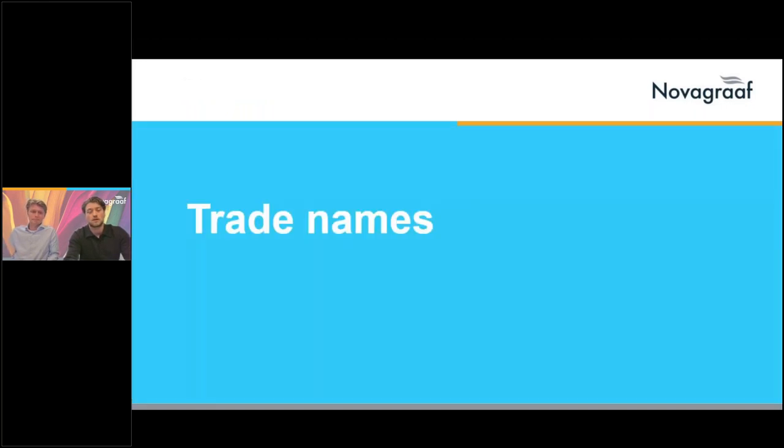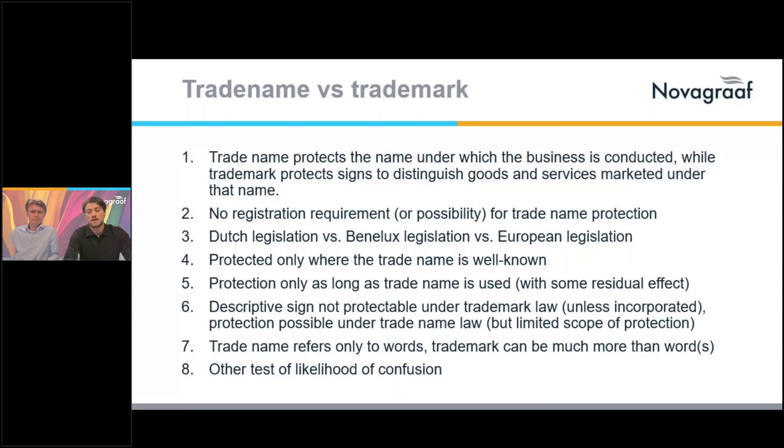And last but not least, trade names, and we will make a comparison to trademarks. It's good to know that trade names are national law instead of, for example, Benelux legislation for trademarks or European legislation for trademarks.